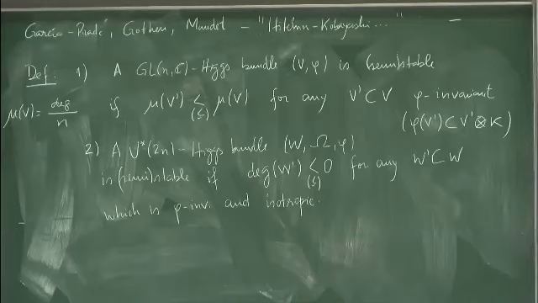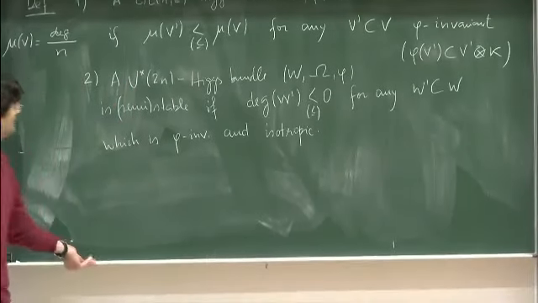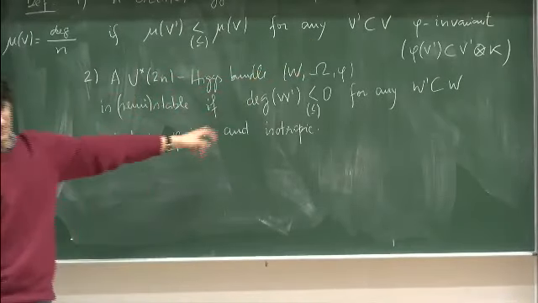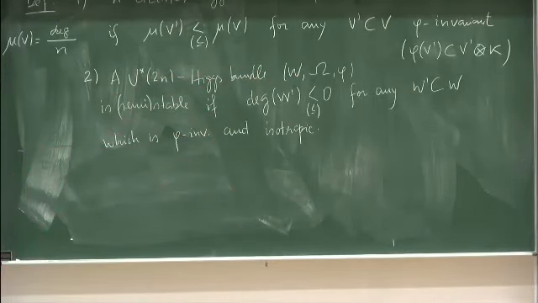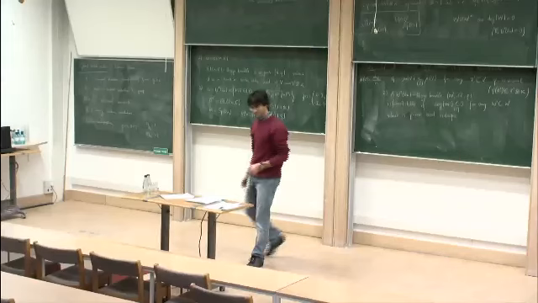So this is what one was expecting. Here we consider all phi invariant subbundles, and here all phi invariant subbundles, but also isotropic with respect to the symplectic form.